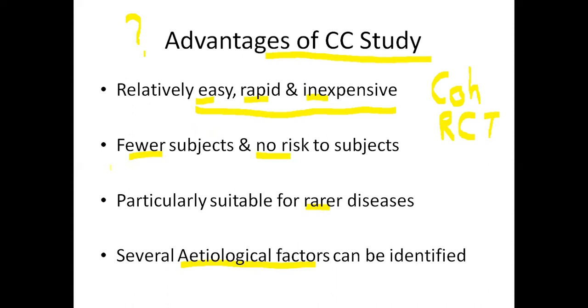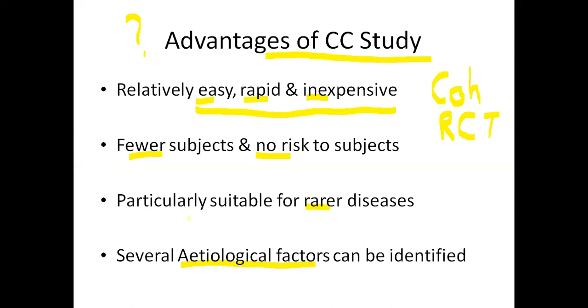Most of the advantages and disadvantages that we talk about are in relation to the two other big study designs: the cohort study, which is also an analytical epidemiological study, and the RCT, which is an experimental, interventional epidemiological study design, which we would obviously see in the coming videos.